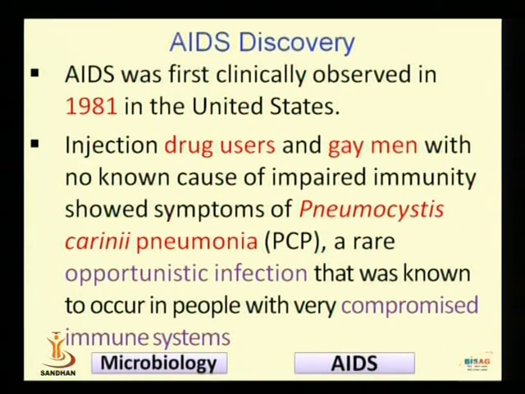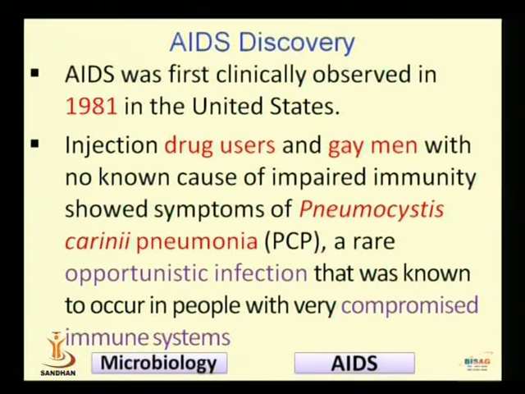Such cases were mainly prevalent in drug users and gay communities, and these people were suffering from no known cause of impaired immunity and showed the symptoms of Pneumocystis carinii pneumonia, PCP. This is basically a rare opportunistic infection which would only be found in immune compromised individuals.